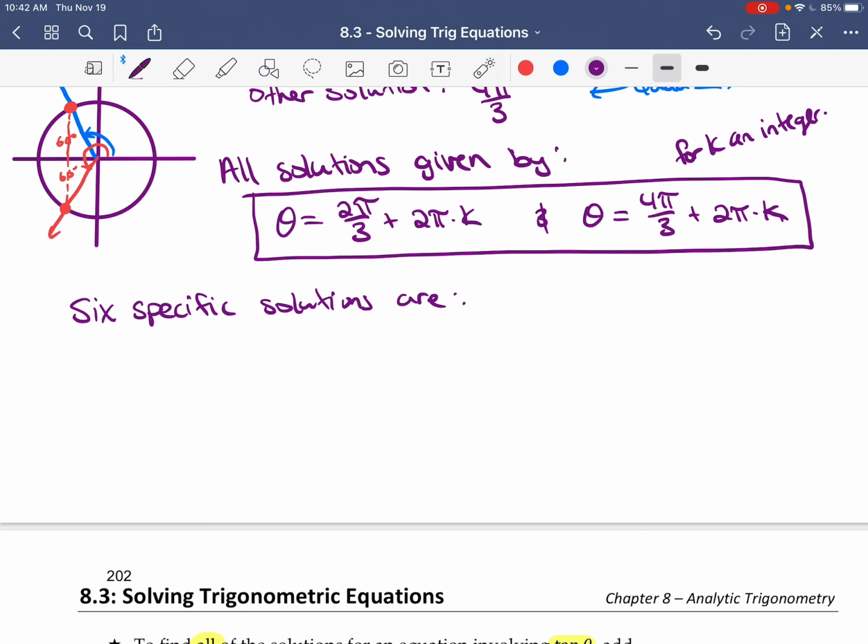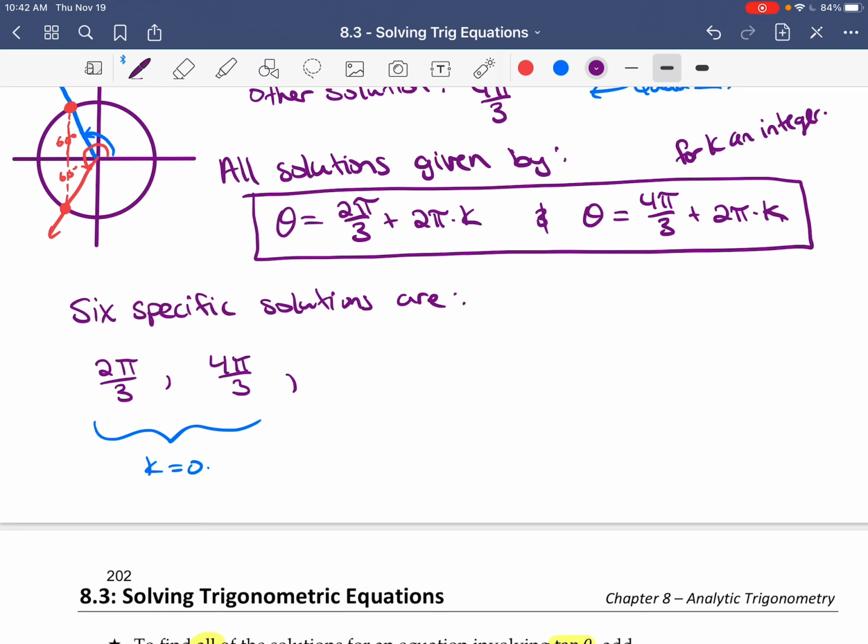Okay, so obviously when k equals 0, we have 2 pi by 3 and 4 pi by 3. Now we could have k equals minus 1, or let's do k equals 1 first.